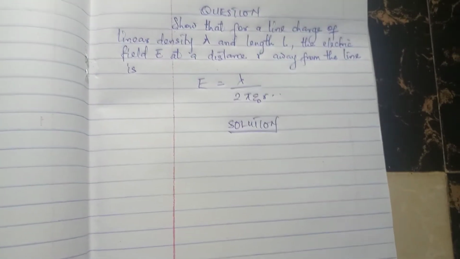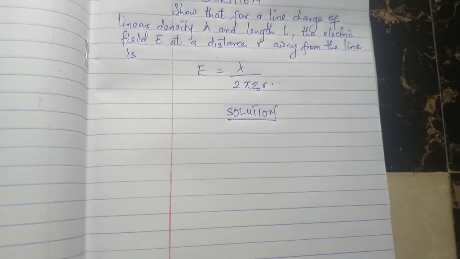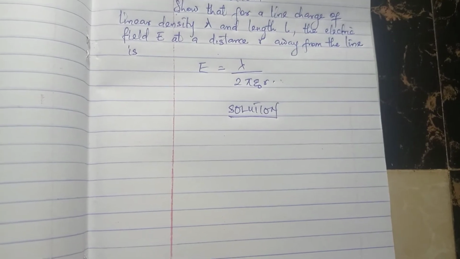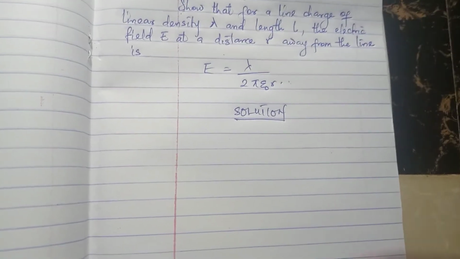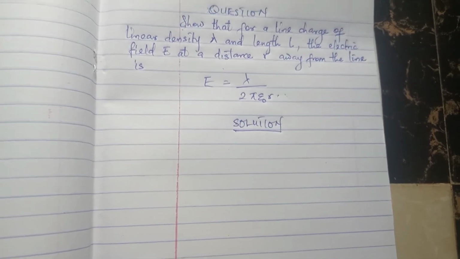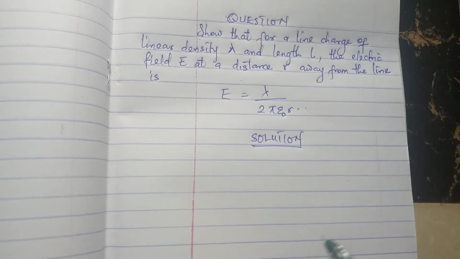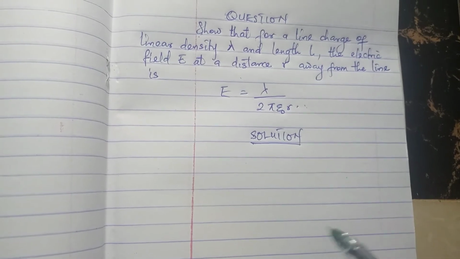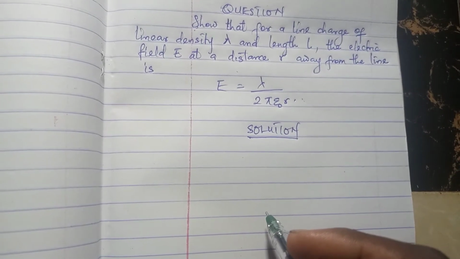First of all, we must be able to state what Gauss Law is all about. Gauss Law states that the electric flux inside an enclosed body is directly proportional to the charge within that enclosed body.